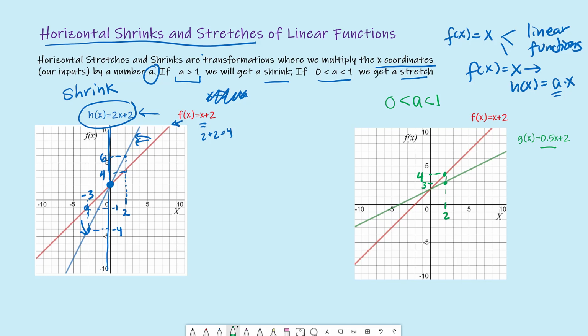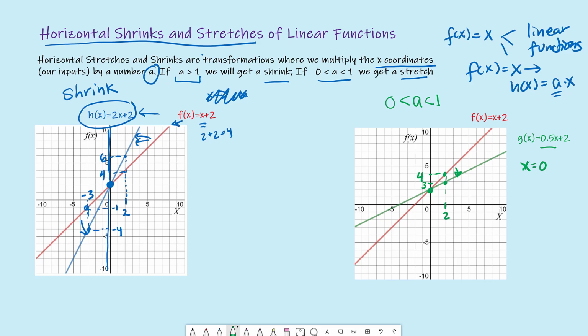Why is that? Well, we take a half of 2, right? We're taking x times a half, which is 1, plus 2, and that equals 3. So we've moved downwards, and basically, again, our intercept will not change, because at our intercept x equals 0. The reason the intercept is not changing is that 0 times any a is basically equal to 0.